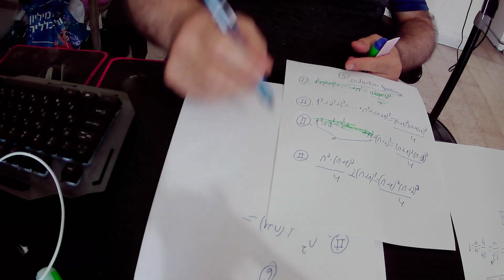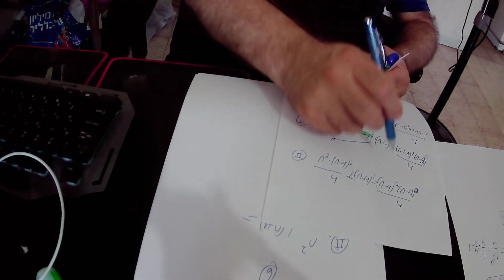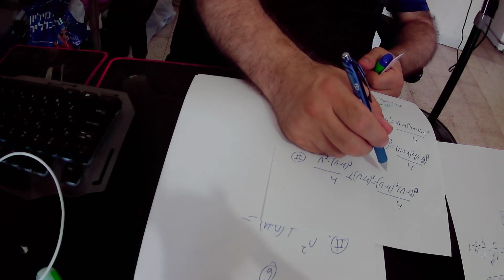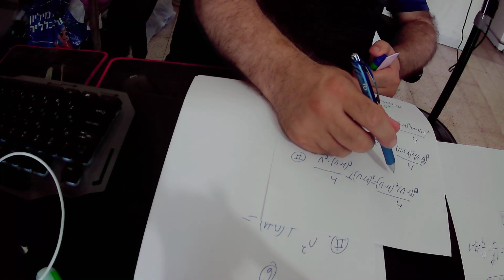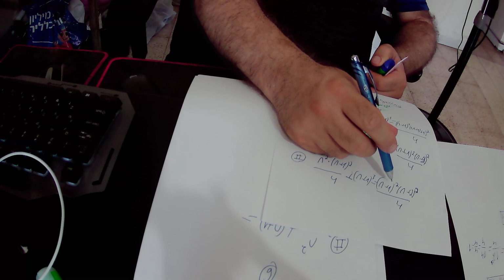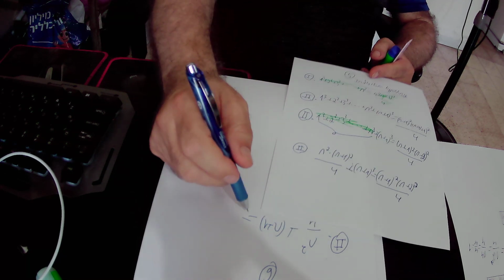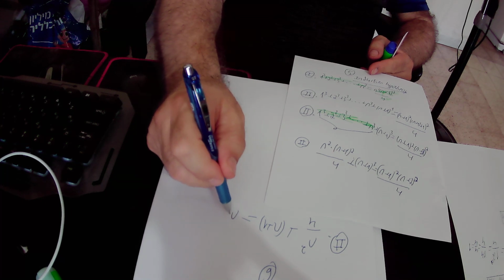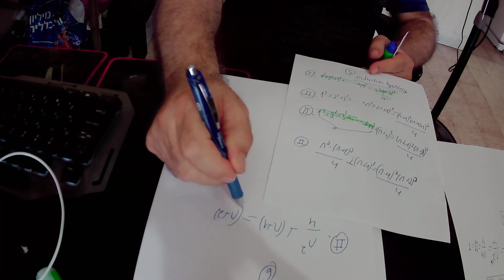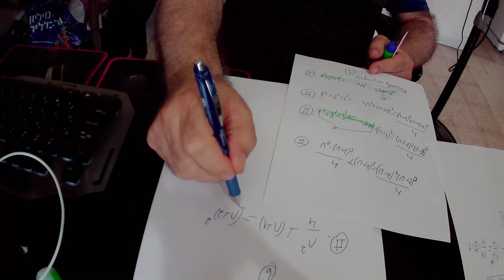It equals n plus 1 squared times n plus 2 squared divided by n plus 1 squared will be n plus 2 squared, and we divide it by 4.